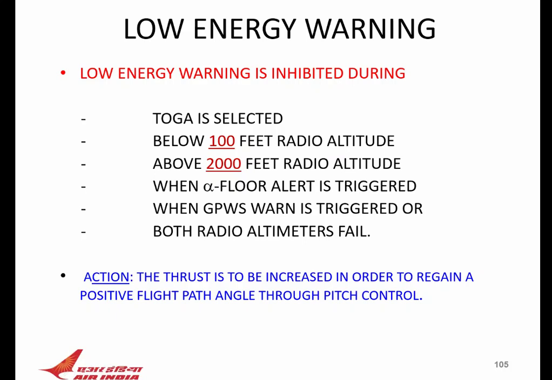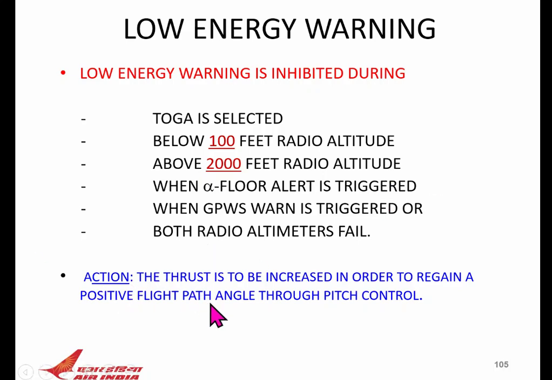Once you are in the air after a certain altitude, it will not be there. Or if alpha floor is triggered, then it will not be there. Or if any GPWS warning is there, it will not be there. Or if both altimeters fail, it will not be there. Correct? So these are the conditions where the low energy warning will be inhibited. You will not get the low energy warning in these conditions.